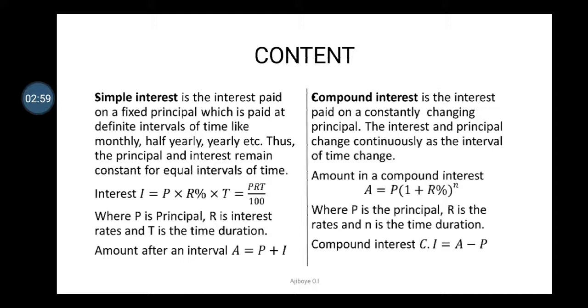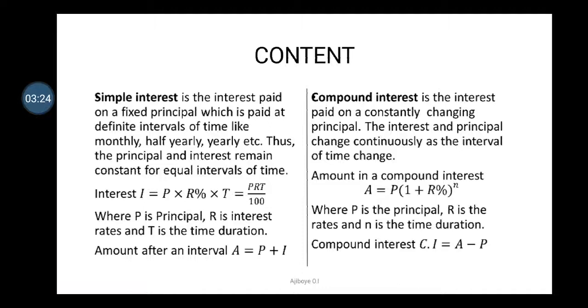If you convert the rate to a fraction, then it will be I equals P times R times T over 100, where P is the principal, R is the interest rate, and T is the time duration. Therefore, the amount after an interval, A, is equal to the principal plus the simple interest.